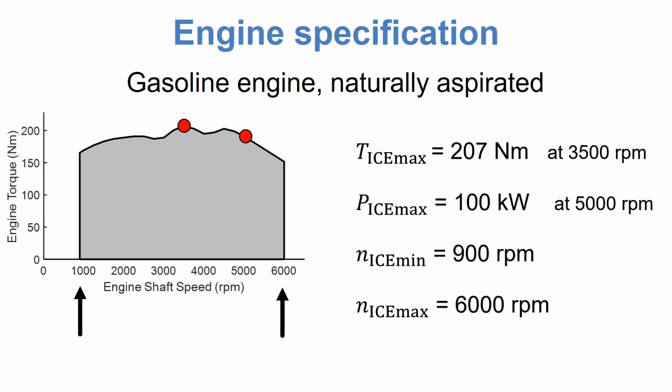The minimum engine shaft speed is 900 RPM and the maximum speed 6,000 RPM. Notice that the diagram with the operating range actually gives us all the information in the specification to the right and more. So the engine torque speed diagram is a much richer specification than the normal way of just listing a few parameter values for the engine.